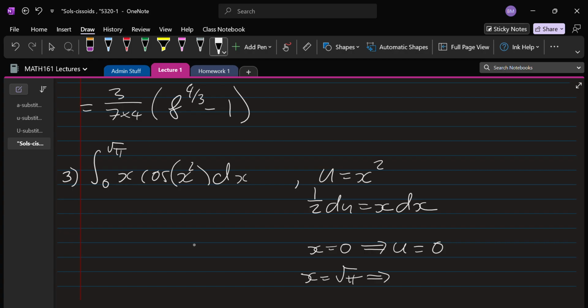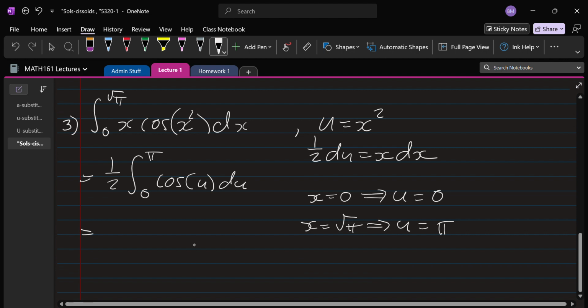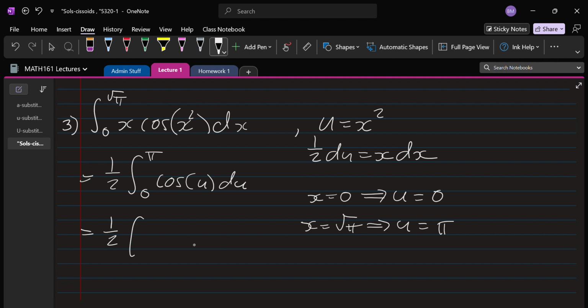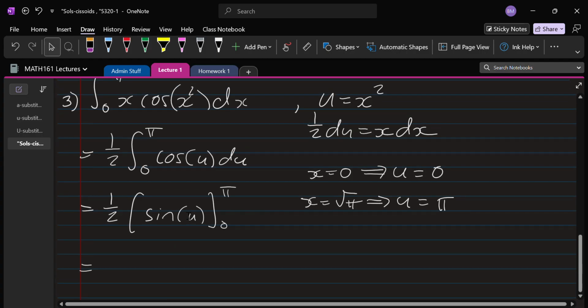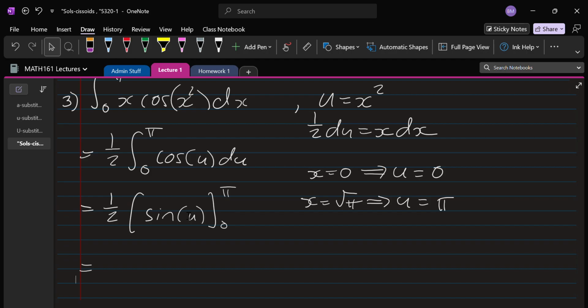Now we need the bounds. So when x is 0, u will be also 0, because we're just squaring. When x is root pi, u will be pi. We just get rid of the roots. So this will be 1/2 integral from 0 to pi cos of u du. 1/2 integral of cos is sine, good, from 0 to pi.